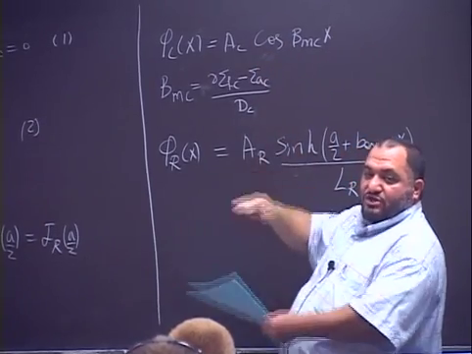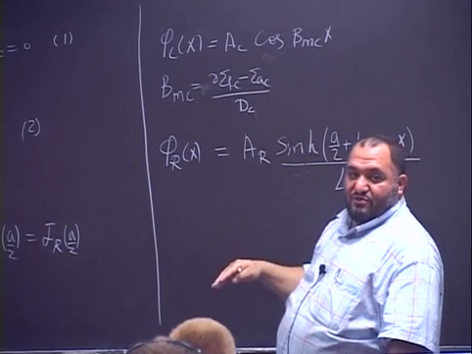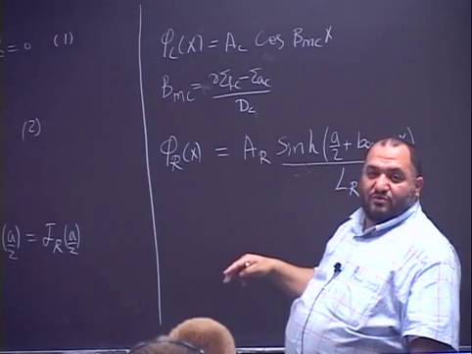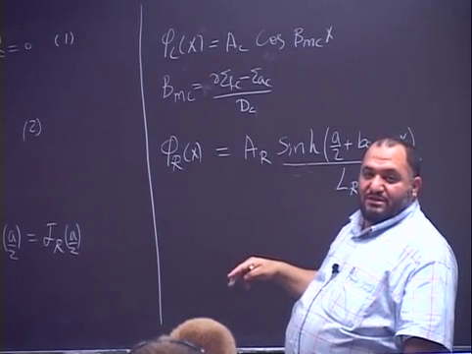Divide those two equations: sine over cosine will give you tangent, and cosine over sine will give you hyperbolic cotangent.